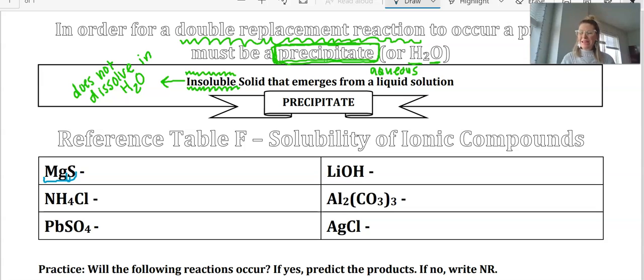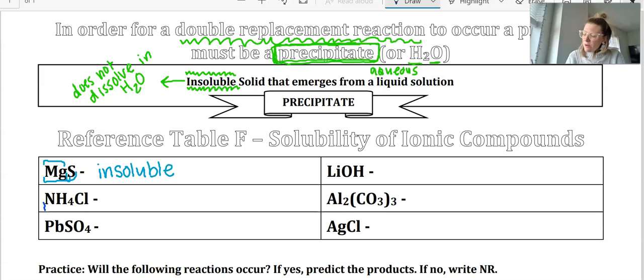So magnesium sulfide is going to end up being insoluble because this magnesium is not group 1 or ammonium. Let's do a couple more from this and then we'll move forward. So, ammonium chloride.